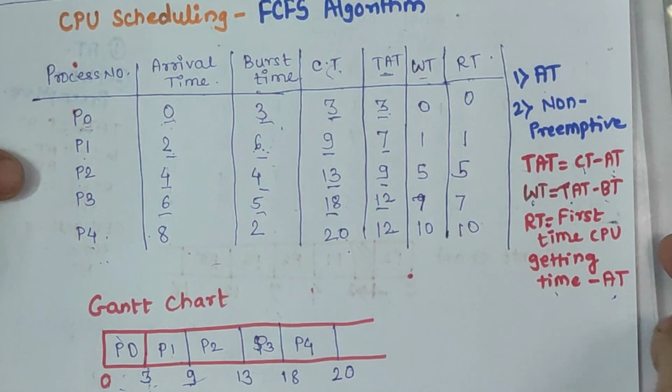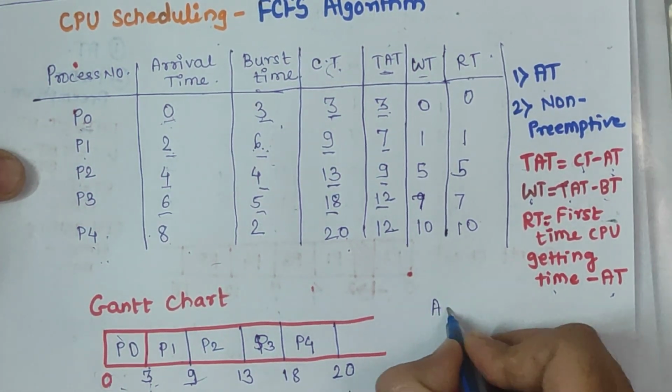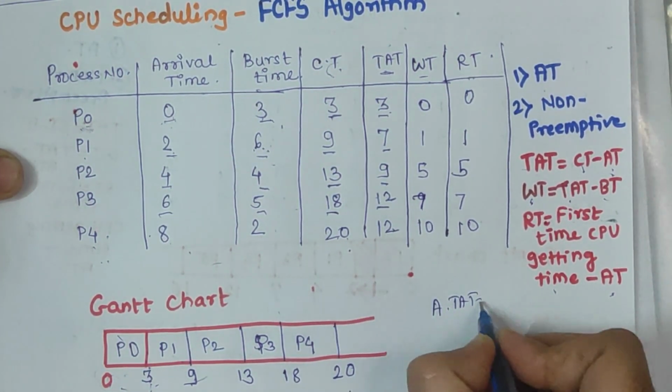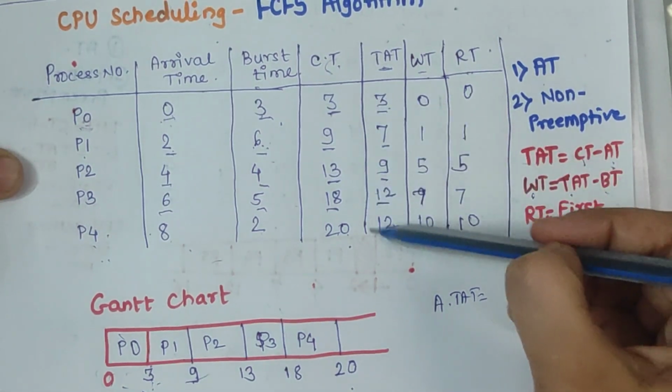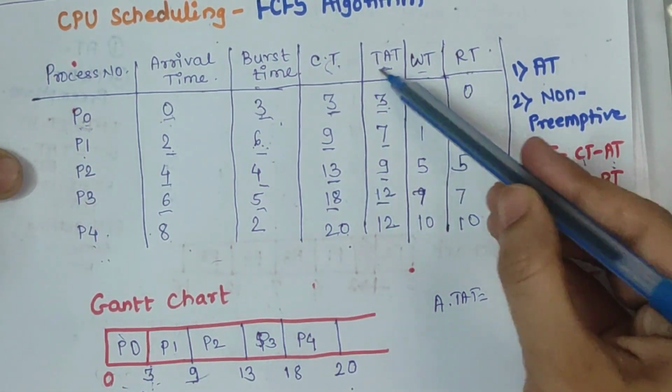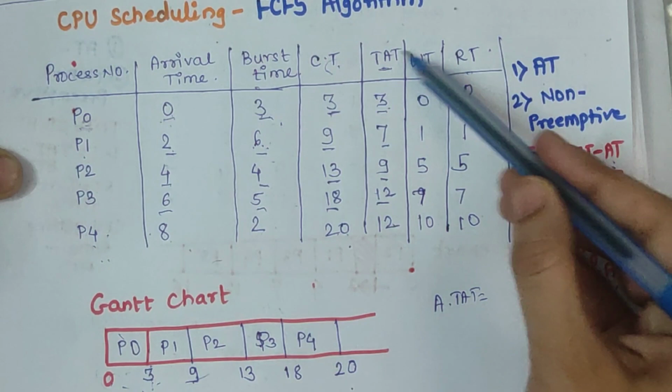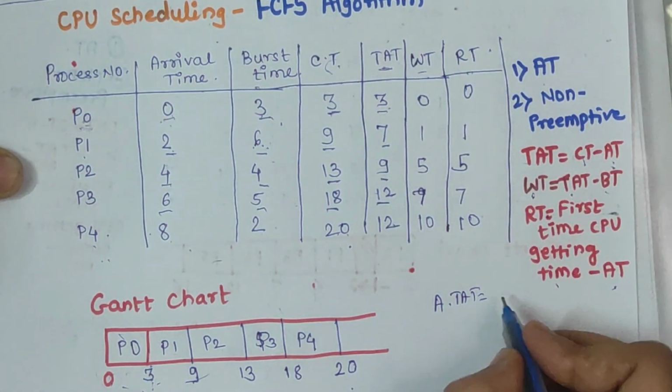And average turnaround time will be calculated by adding all these 5 turnaround times, that is, the turnaround times for these 5 processes, divided by 5.